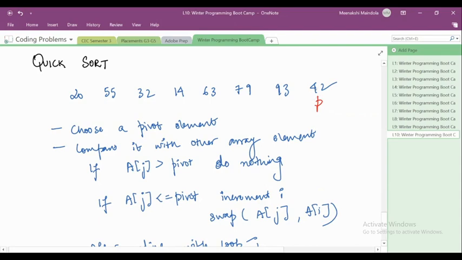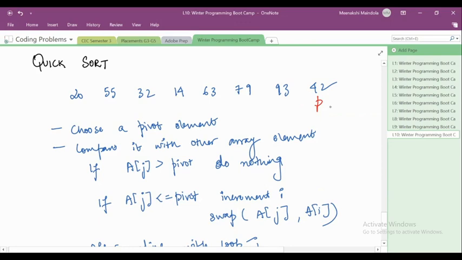We have considered this element 42 as pivot, and by comparing each element, we want to place 42 at its correct position. If you look at the array, you will find that this is going to be the correct position for pivot. Why? Because you are going to have 14, 20, 32 and 42.